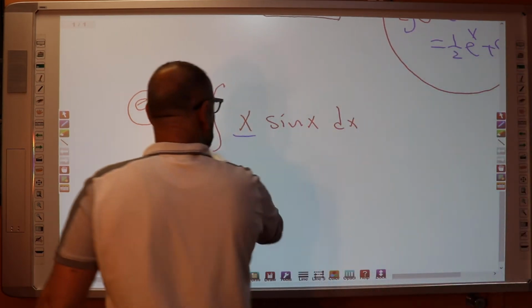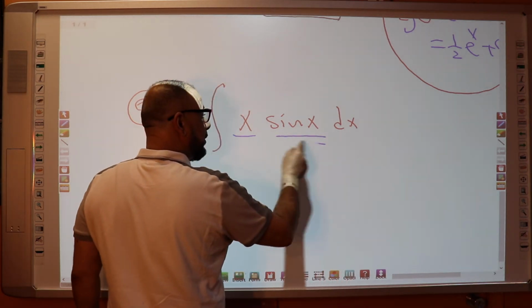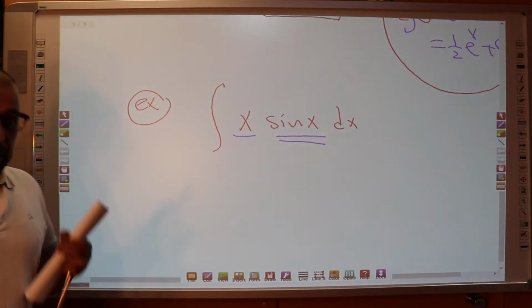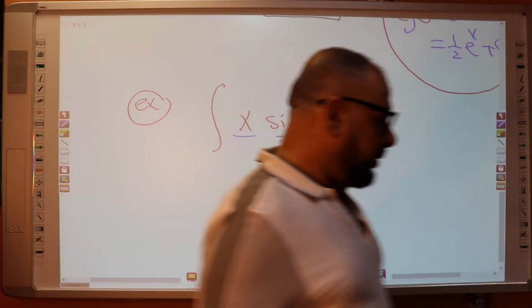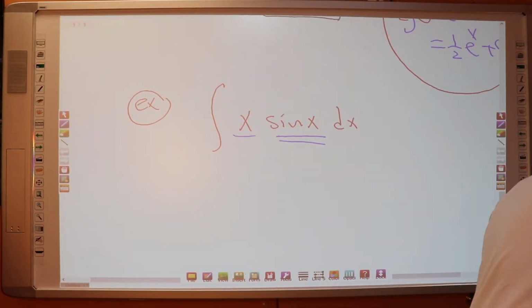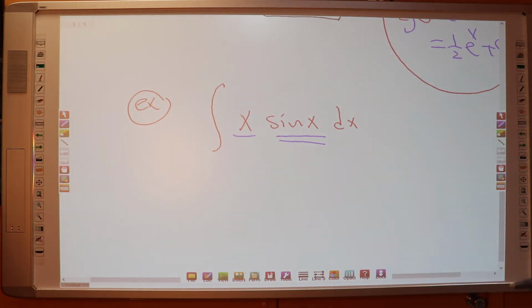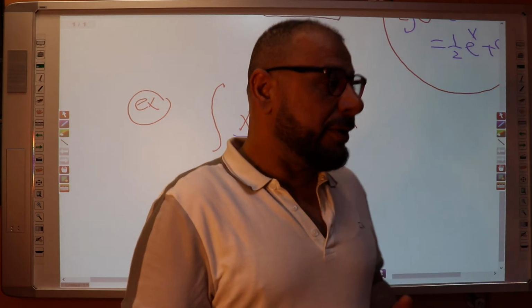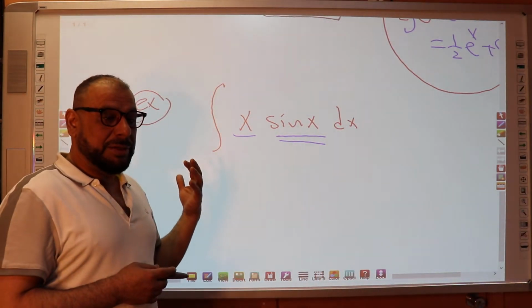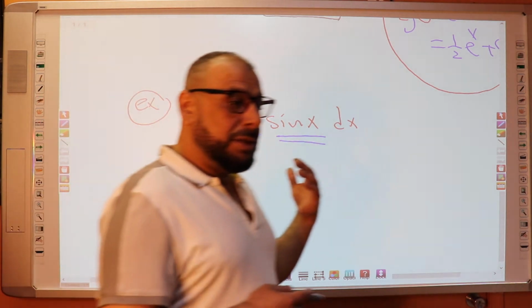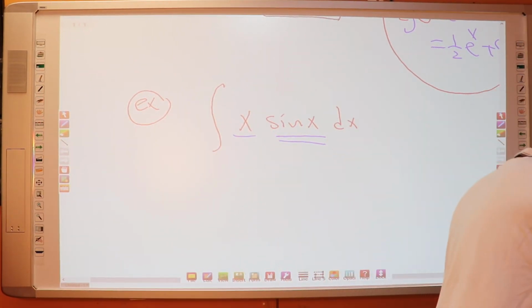I have x and I have sine x, right? None of them is a derivative of the other. Then we need a new technique for integration. And this is not like trig substitution, right? Good.